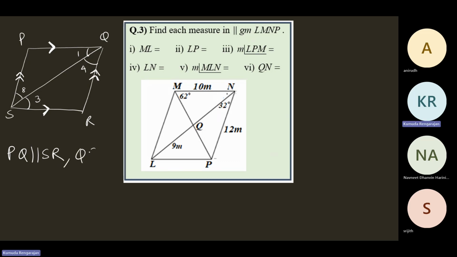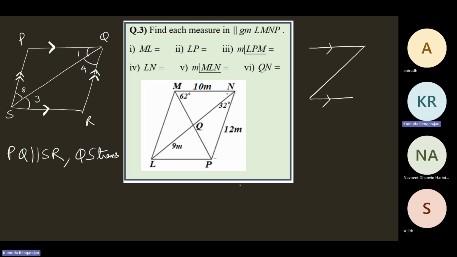And can we take QS as the transversal? PQ parallel to SR and QS is the transversal. So what angles are formed here?